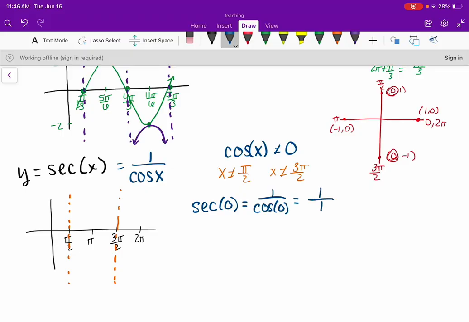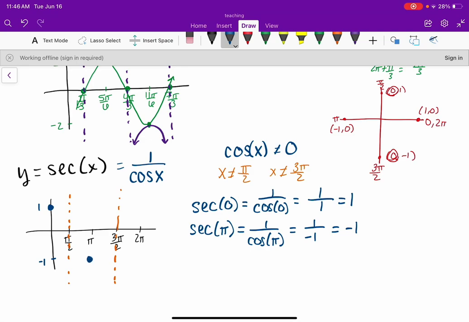Cosine of 0 is 1. If I do secant of pi, it'll be 1 over cosine pi. Cosine pi is -1. I get -1 here. And then secant of 2 pi is basically the same as 0. So this is also +1.